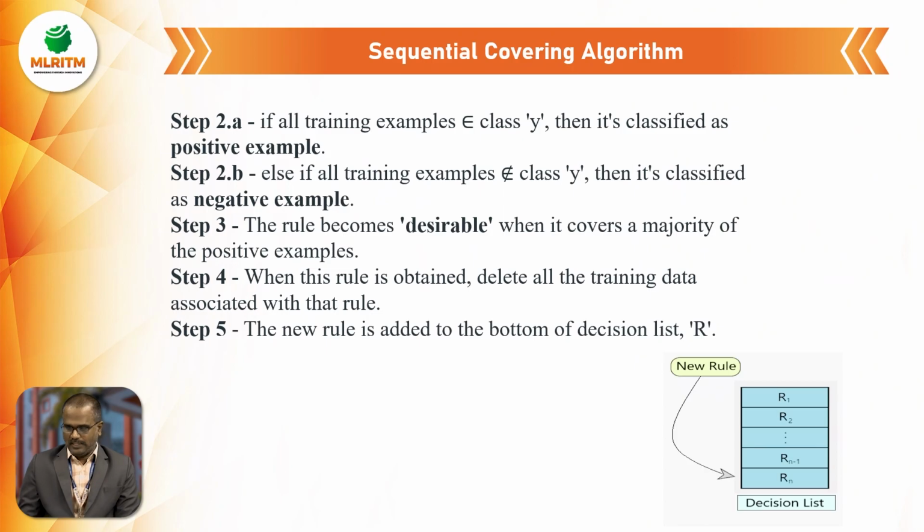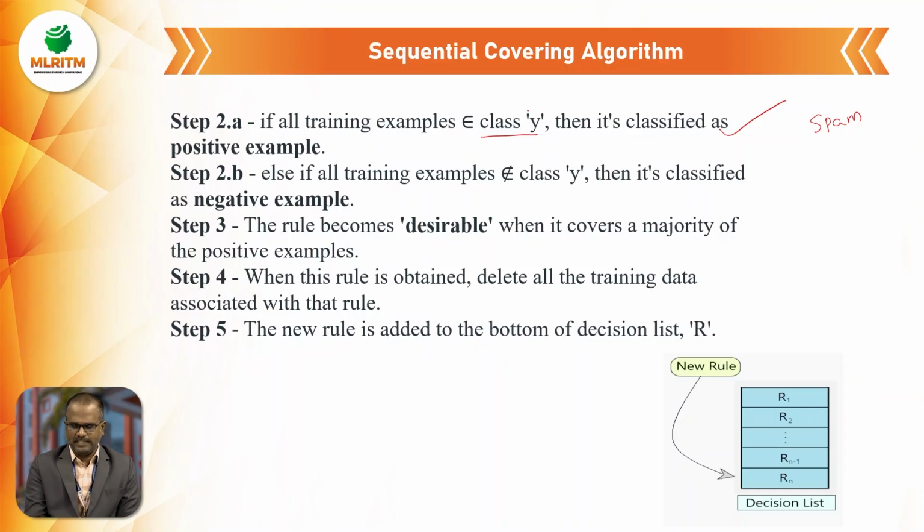Step 2. If the data set contains only positive examples, then there is no need of classifying the data sets, because all the examples belong to the same class. Suppose all the emails are related to spam, then there is no need of classifying.